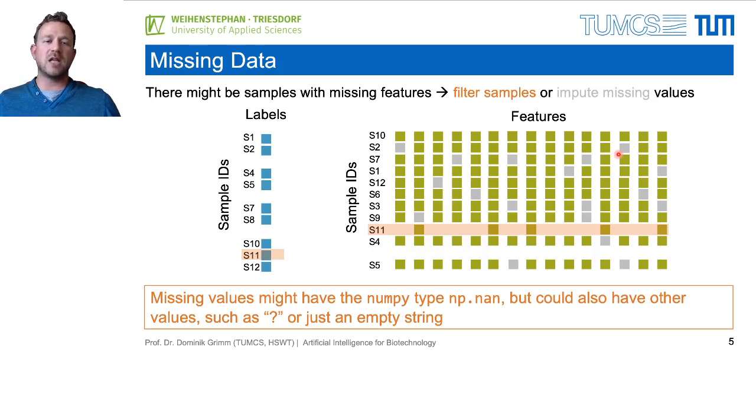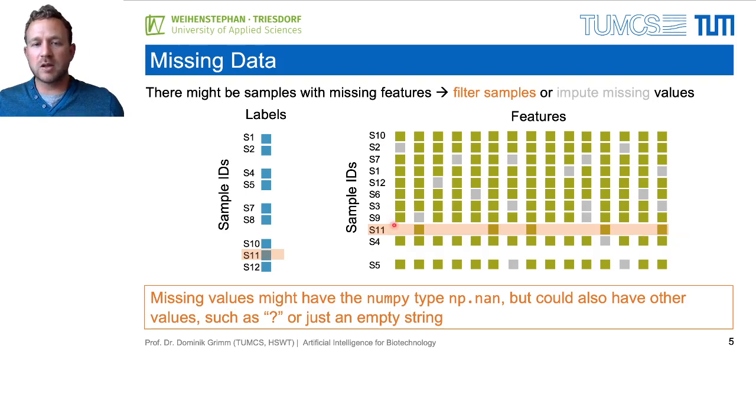So what we try to do here is we have to somehow impute these missing values, or we have to filter out samples. So these are two different ways. For example, if we look at this row, we can see that there are only 5 features present for sample 11. However, in total there are many more than these 5 features, and it looks like we are missing a lot of information for this sample. So it might make sense to exclude this sample from our dataset.